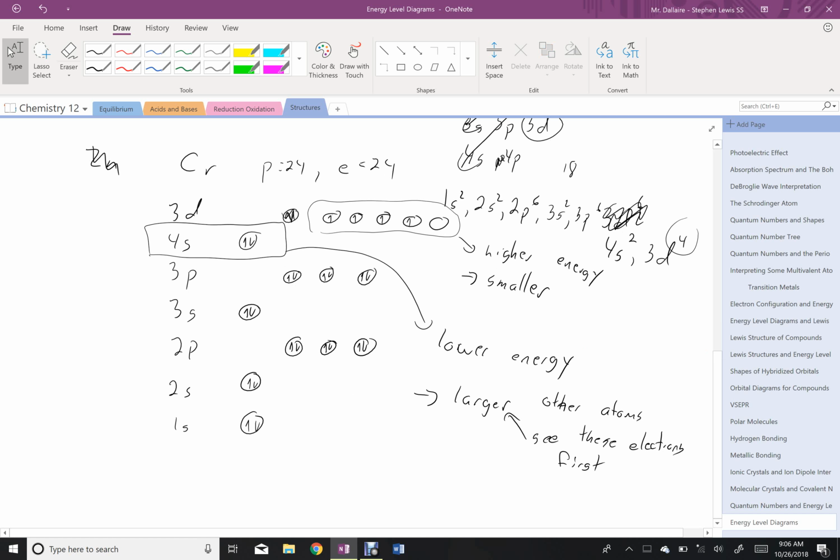Which means that despite the fact that it looks like there's open space here and that there could be some complex bonding that can go on, it's actually these electrons that will be involved in forming chemical bonds.